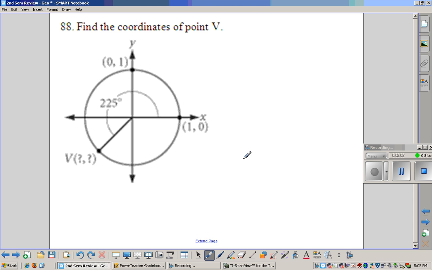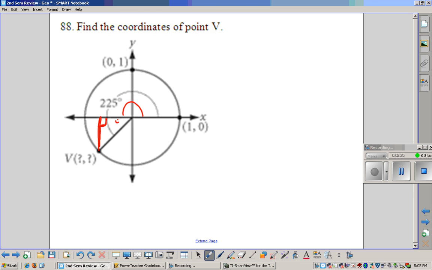Similar problem here, number 88, is find the coordinates of point V. For this one, we're going to draw from this point to the x-axis another right triangle. Now, 225 degrees is just 45 degrees past 180, right?